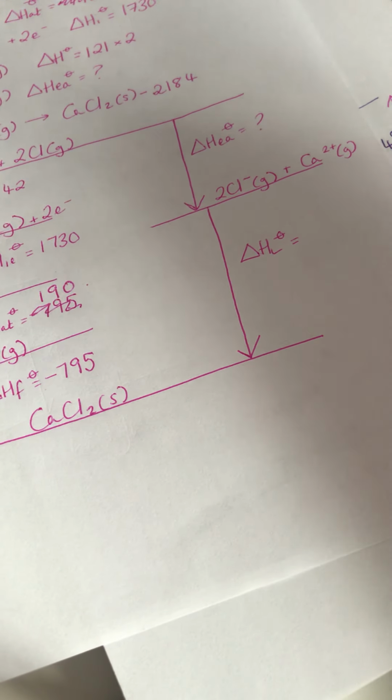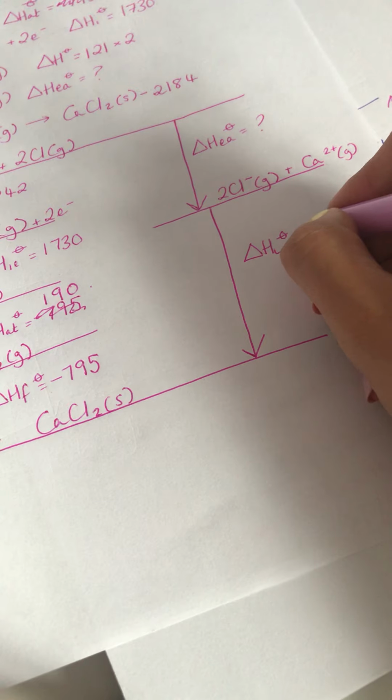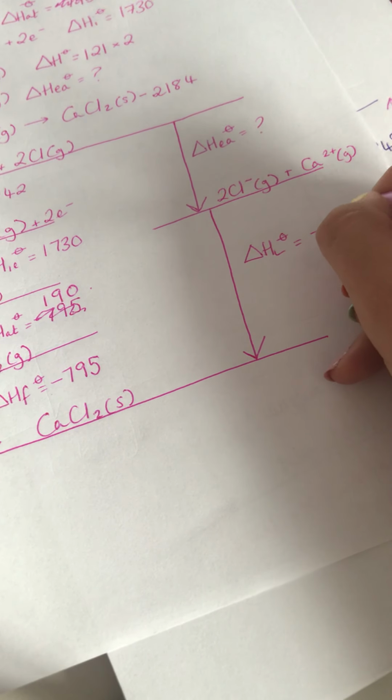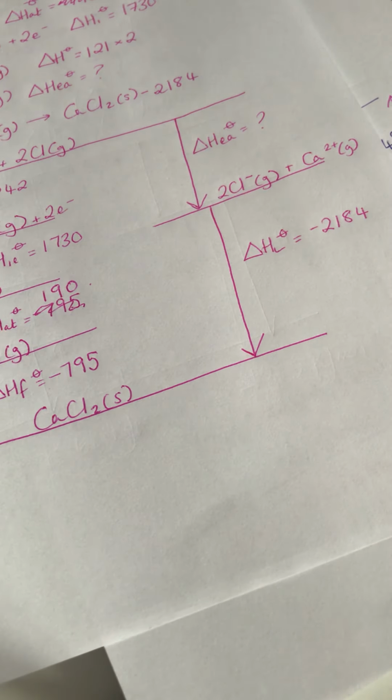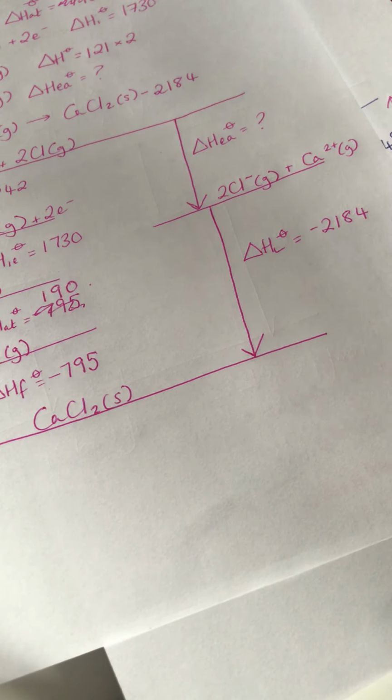Lost it, where am I? Minus 2,184 kilojoules. So I can work out the left hand side.